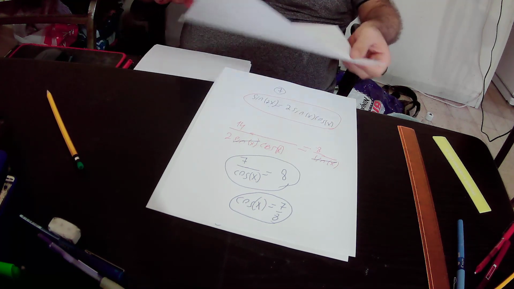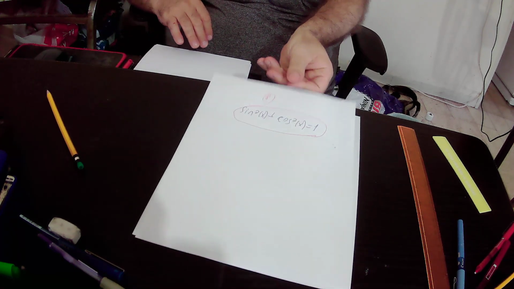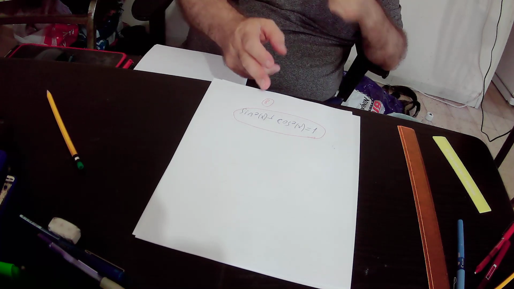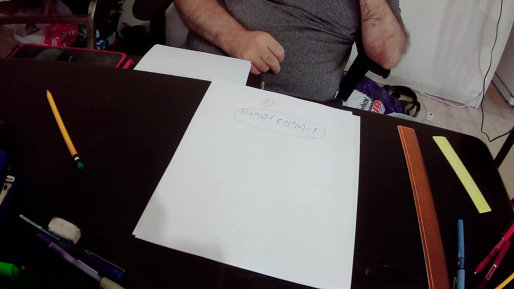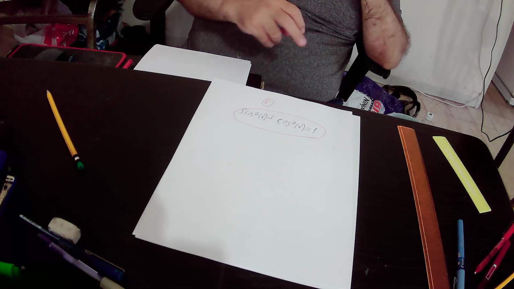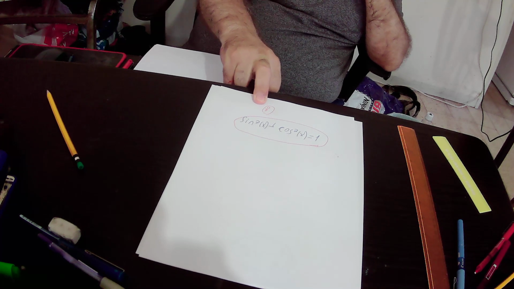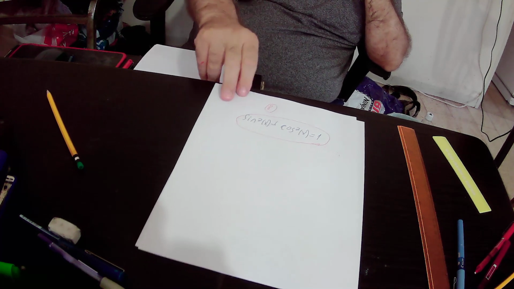So we will use this third trigonometric identity in order to find out the value of sine x. From this trigonometric identity, we will subtract cosine square x.